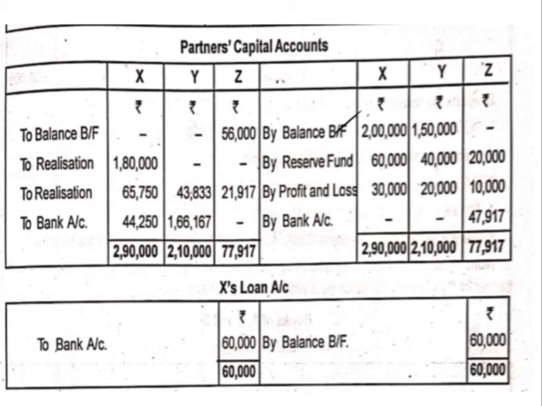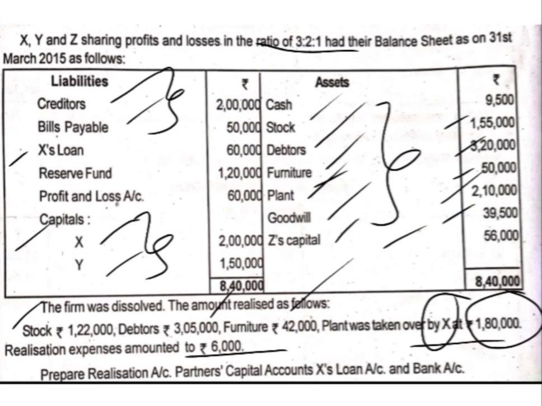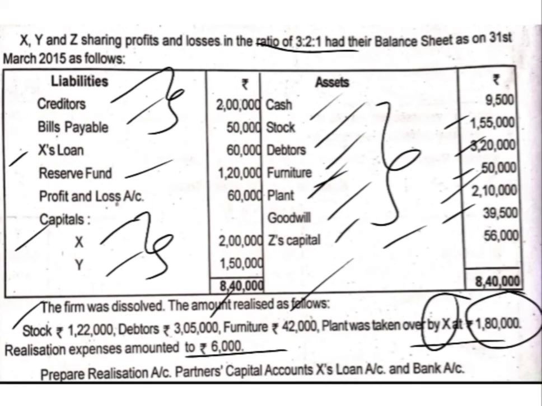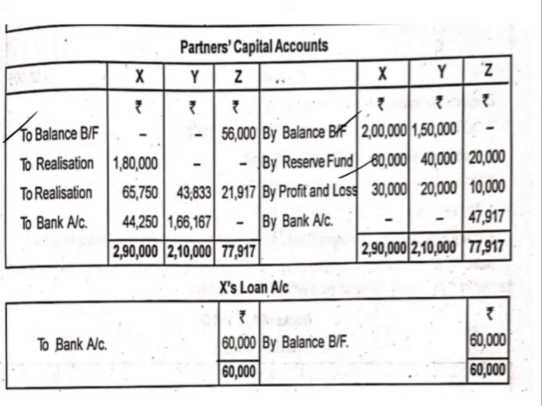In the debit side we have to write to balance brought down, Z's debit balance must be shown here, 56,000. Then the next entry for transferring the reserve fund, there is 1,20,000 which will be distributed in 3:2:1 ratio. So by reserve fund. Then there is also profit and loss account credit balance. This will also be credited to the partners' capital accounts, by profit and loss account 30,000, 20,000 and 10,000.